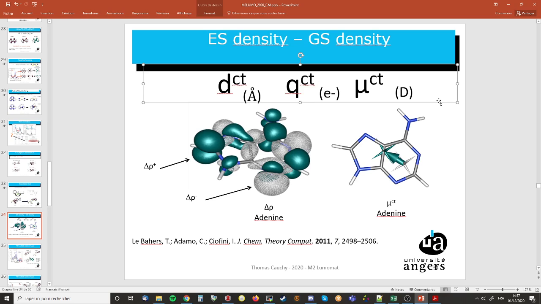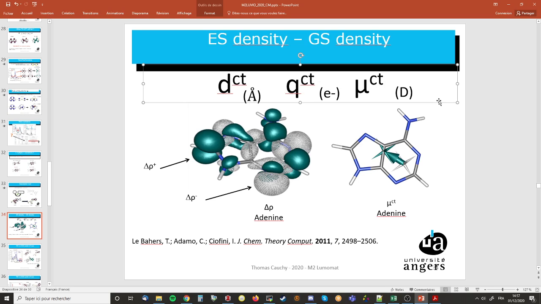The difference is positive where there is an electron density in excess in the excited state. That means where my excited electron is, and negative where we have lost density during the transition.